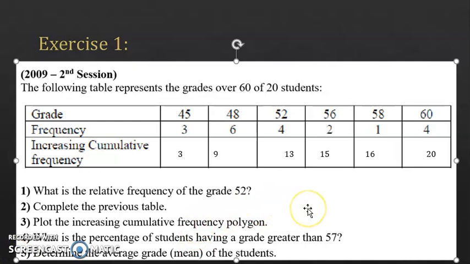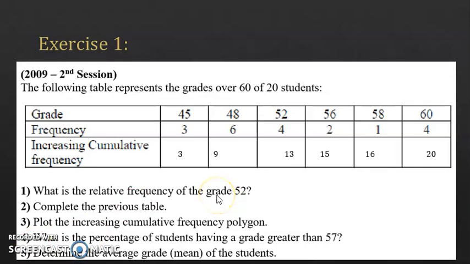So 1 centimeter for 2 increasing cumulative frequency is acceptable, but I'll choose 3 because I have 3, 9, and 15, which are multiples of 3, so this would be better. So now on the y-axis, I'll start from 0, then 3, then 6, then 9, and so on.